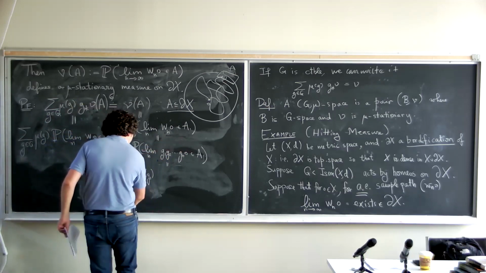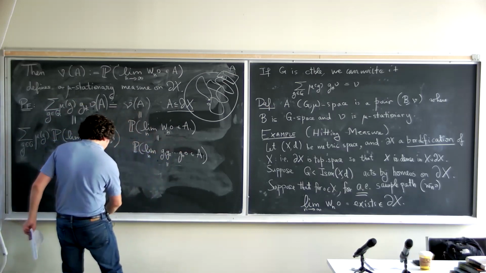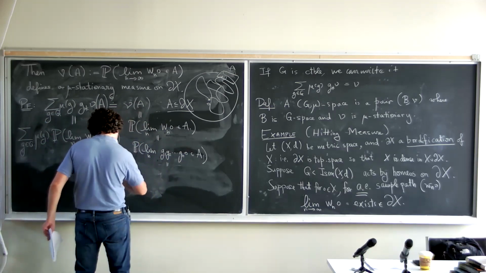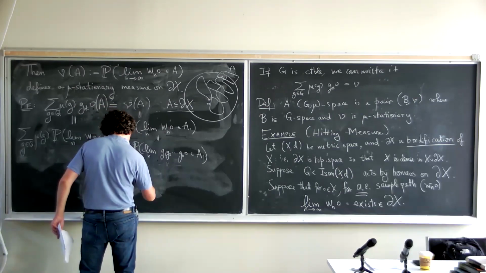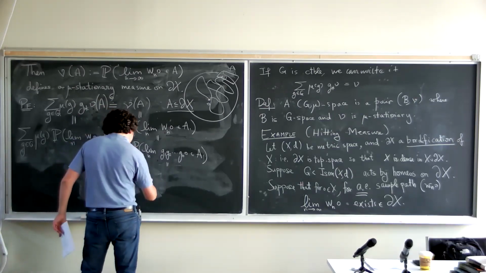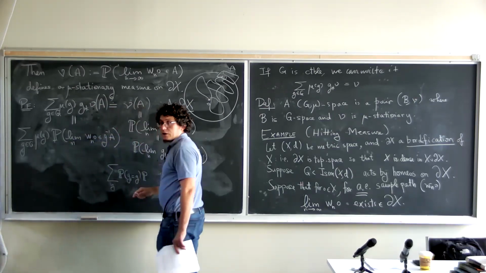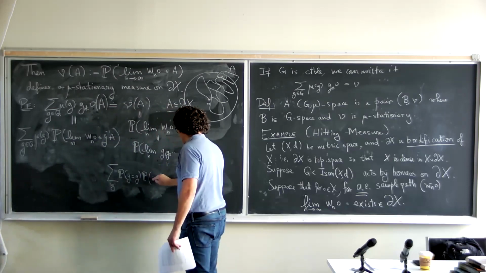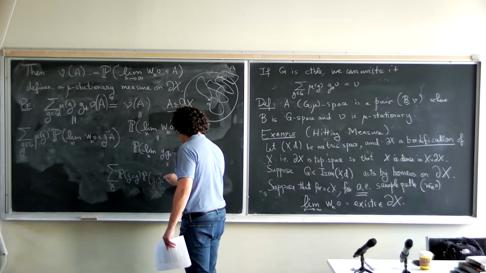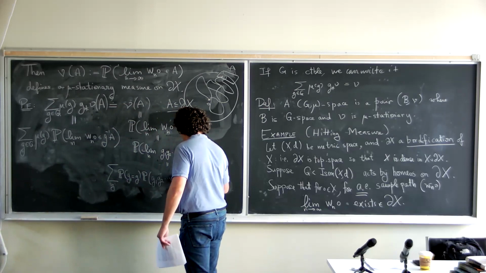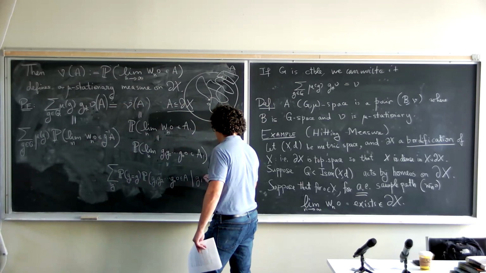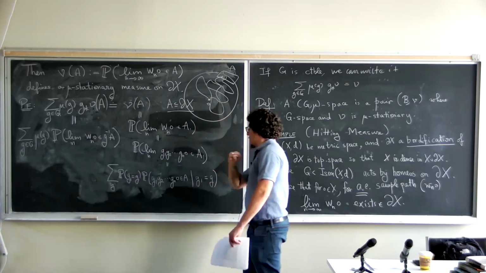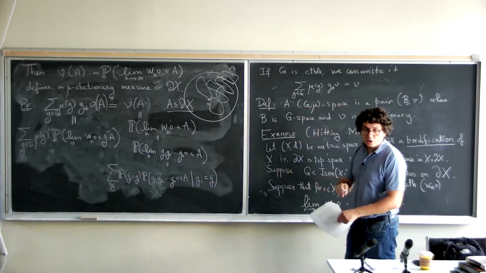So this is the probability that g_1 equals g, times the probability that the limit of g_1 g_2 ... g_n(O) is in A, given that g_1 equals g. So this is the full conditional.